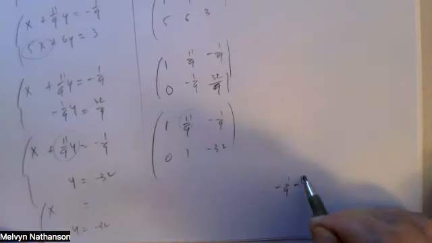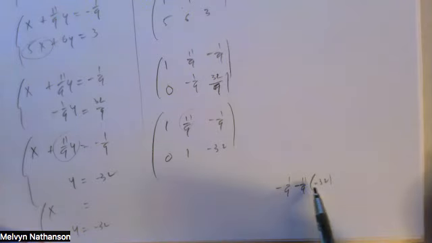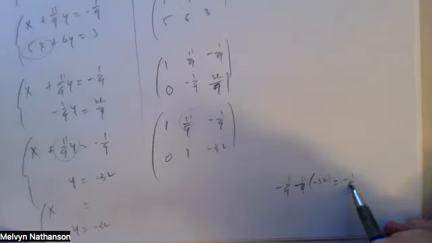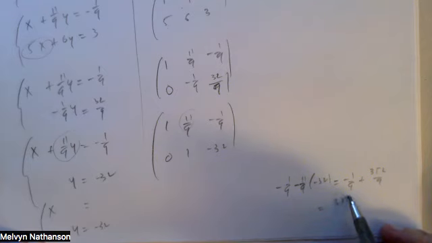So that's -11/9 times -32. 11 times 32 is 352, plus 1 is 353. Sorry, this is plus: -1/9 plus 352 over 9, which is 351 over 9, which is 39.